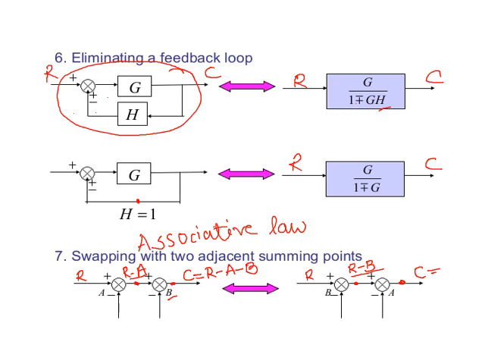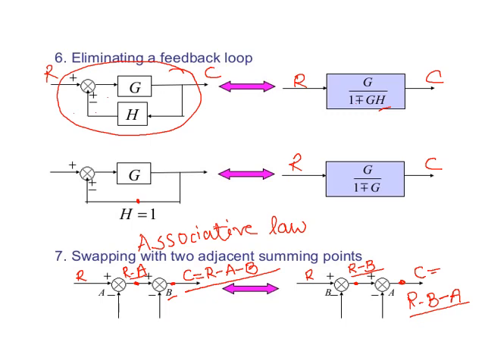The first signal is R minus B, and the second signal is minus A. So you can check C is equal to R minus B minus A, and earlier we also got C equal to R minus A minus B. So you can apply associative law only if there is no block connected in between these two summing points. This is called swapping of two summing points.